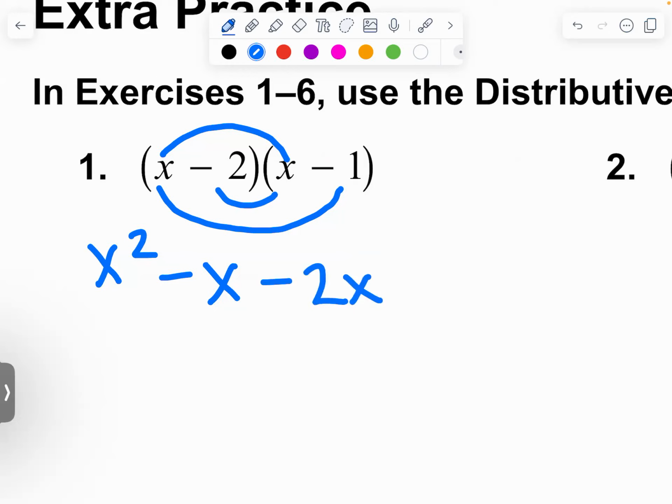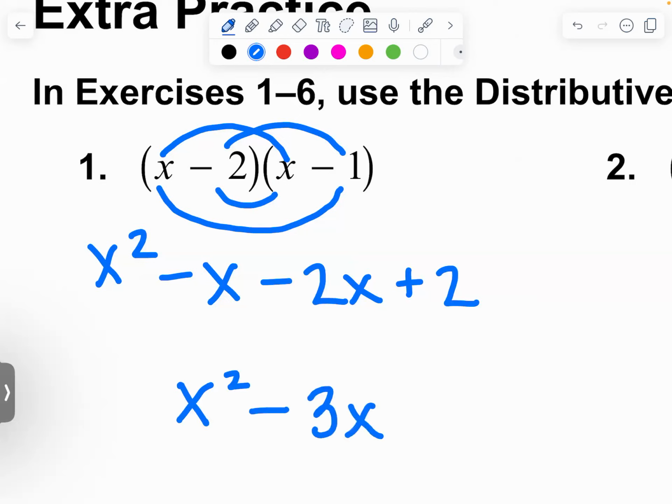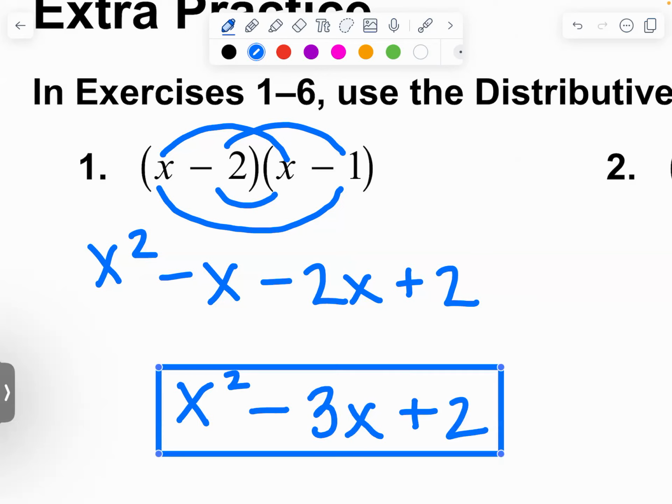Okay, then we have our last product. -2 times -1 is a +2. What happens when we combine like terms? So we have x squared minus 3x plus 2.